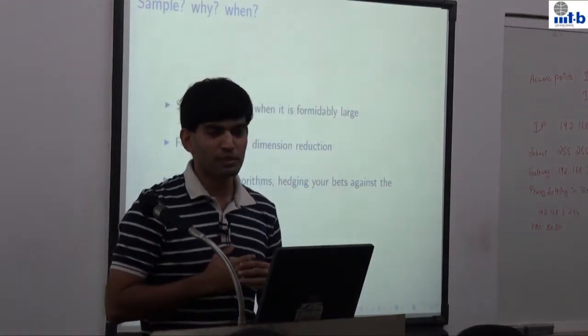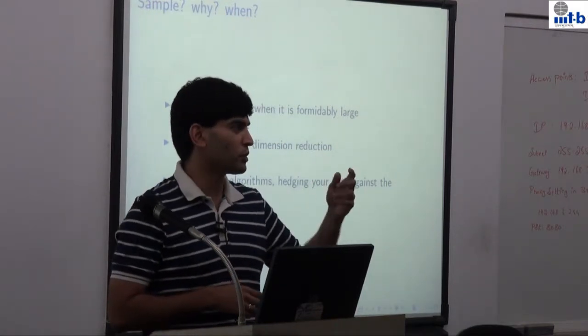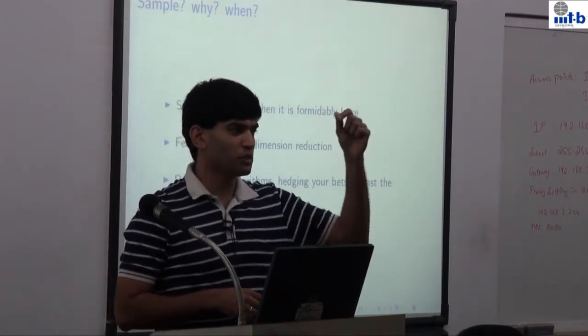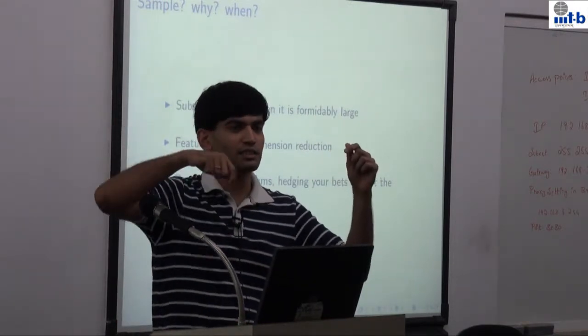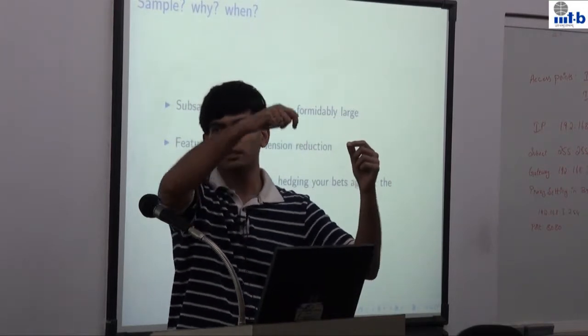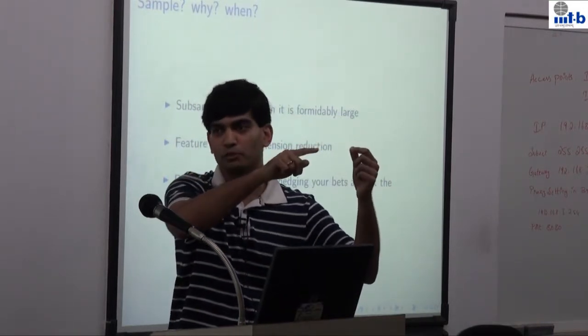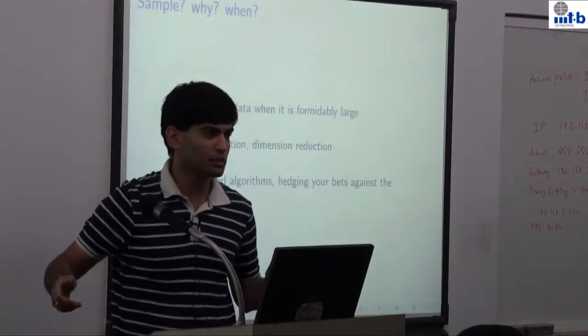One example is a document term matrix. For all these web documents, you can think of each object as a document on the web and each feature as a word, and the value in the matrix is how many times the particular word appears in that document. That is what is called a document term matrix.